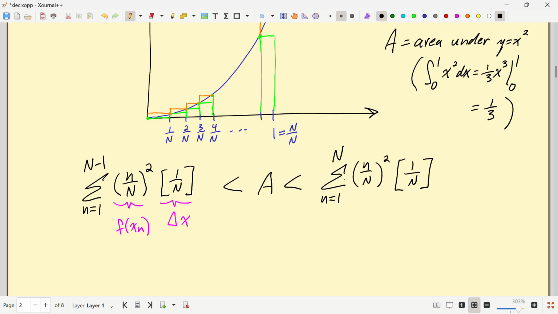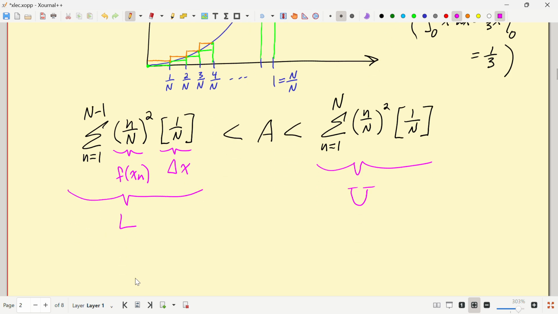Let's call this an upper sum, U for upper, and L for lower. U minus L include all the same terms except for that last one. U minus L is n over n squared times 1 over n.